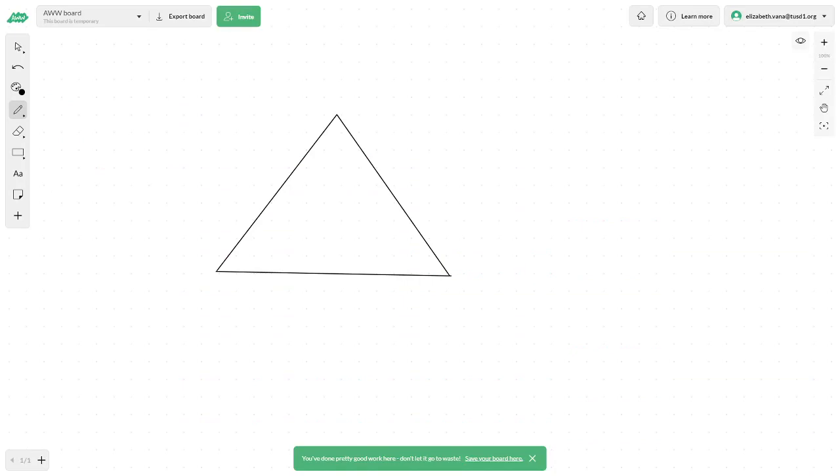What formula have we used in the past to find the area of a triangle? Well, we've used A equals 1/2 base times height. All right, so there's my height here.